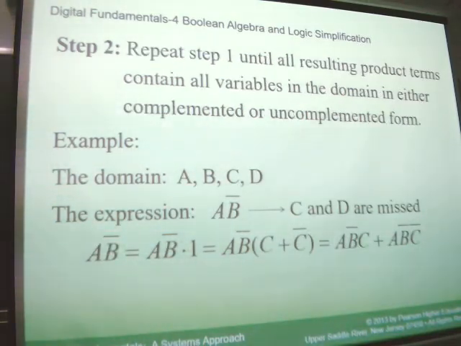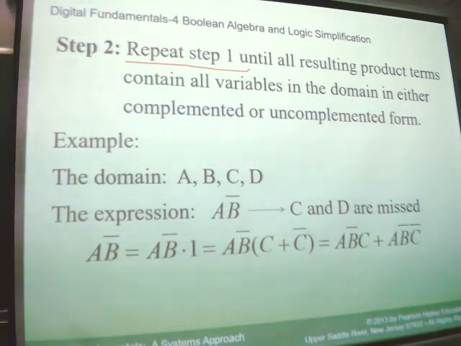If several variables are not contained in the product term, then we must repeat step 1 until all resulting product terms contain all variables in the domain.